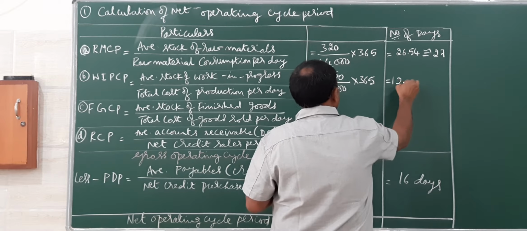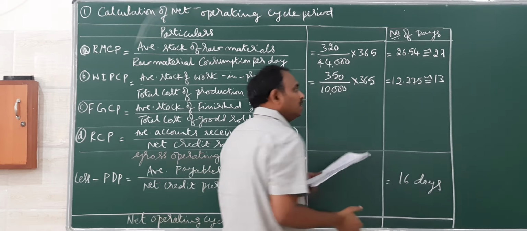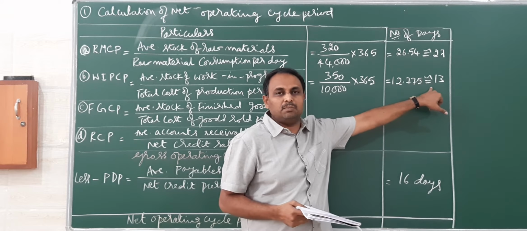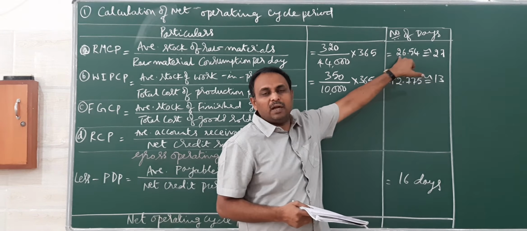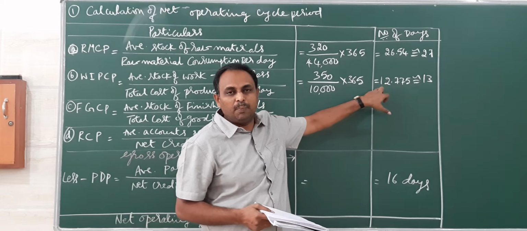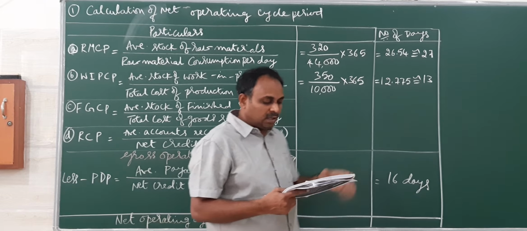Approximately you get 12.775, which becomes 13 days. When the decimal is more than 0.5, we take the next number. If it is less than 0.5, we keep it at 12 only, but here it is 12.7, so I have taken it as 13 days.